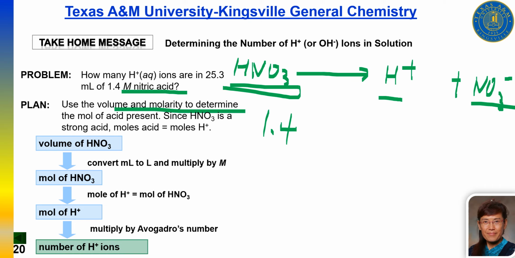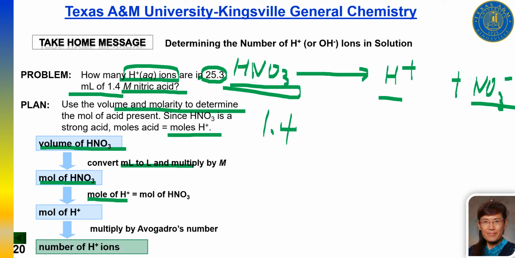How do you solve the problems for the molarity determination of your proton, for example? So you want to know these protons, how many proton ions are going to be produced. If you have 25.3 milliliters of 1.4 mole per liter nitric acid, what you are going to do? Number one, you are going to convert your milliliters to liters. Number two, you are going to determine the moles.